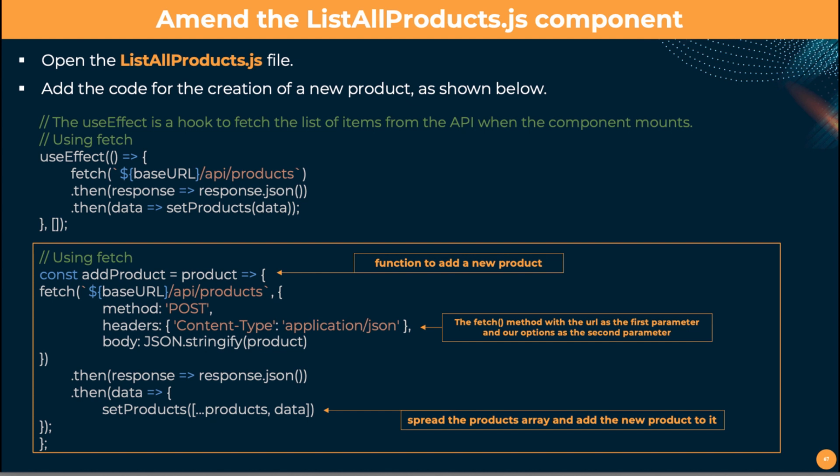And then it uses the spread operator for the products. So we're going to set the products to be whatever the products is now, spread out, and we add the new product. So spread the products array and add the new product to it.